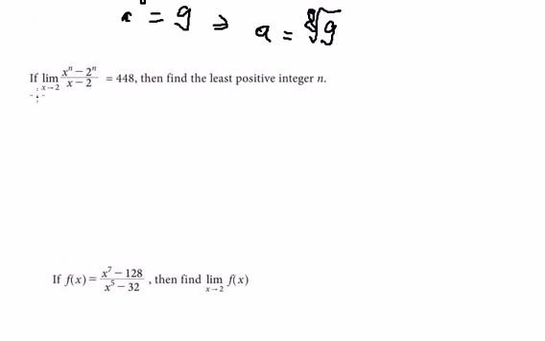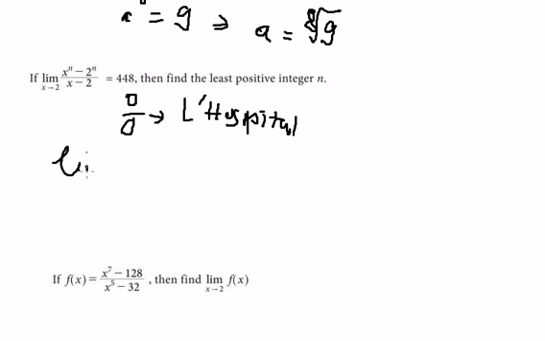The next one, we have the limit in here. If we put the number 2 in here, you get 0 over 0. So we can use L'Hospital.